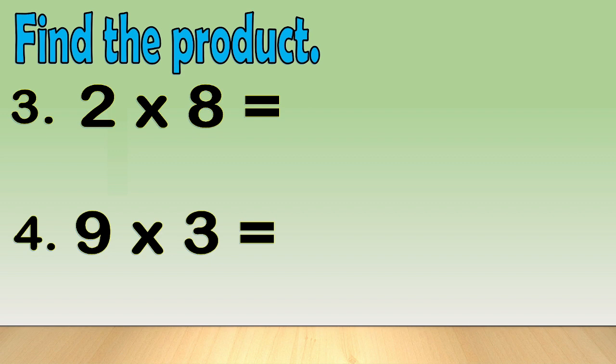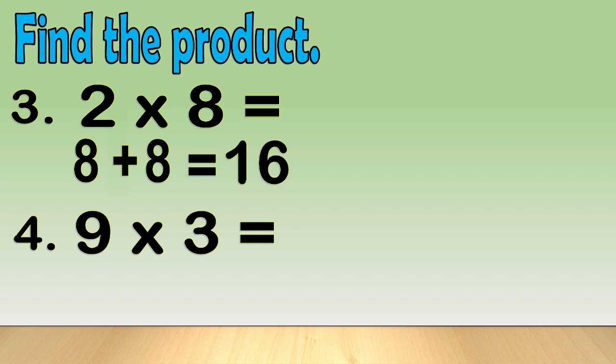Number 3, 2 times 8. That means we need to make 2 groups of 8. That is 8 plus 8 equals 16. So 2 times 8 equals 16. Number 4, 9 times 3.